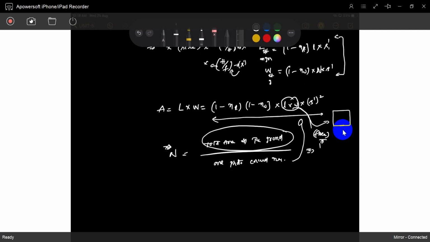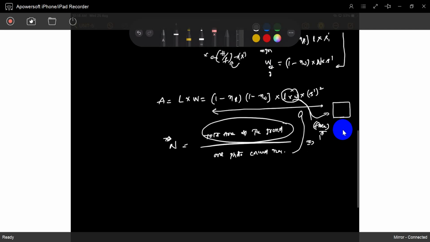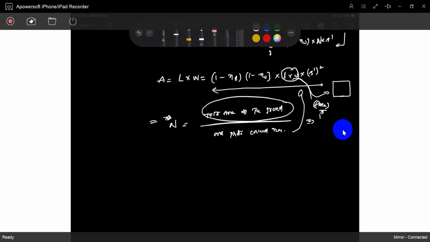So how can you do it another way? If something is irregular, we can find out the irregular area also.